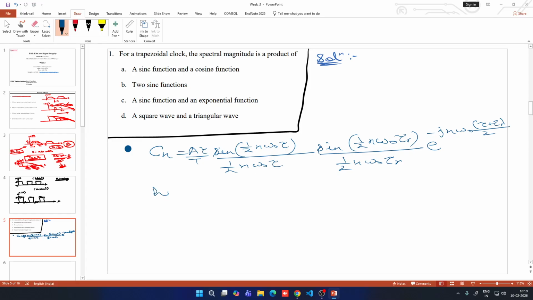So here tau r is the rise time and tau is the pulse width. And here we have made one assumption, like in all the trapezoidal clock signals that we are discussing in the lectures and then these questions.